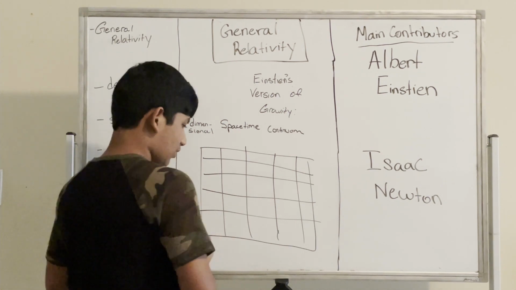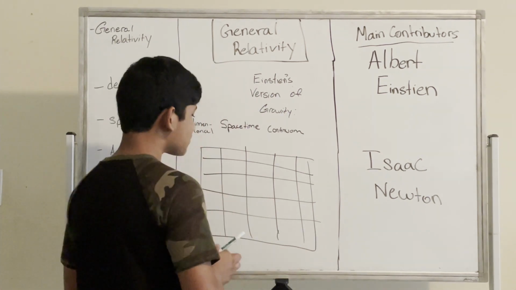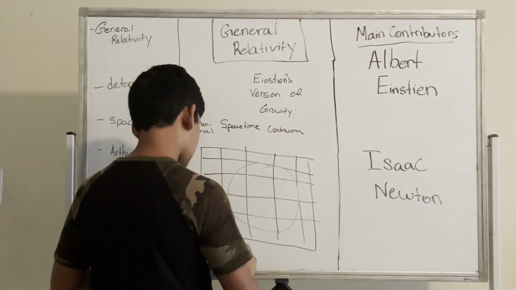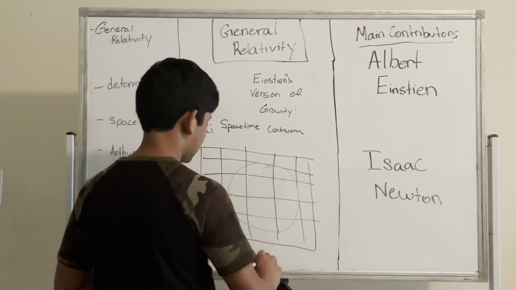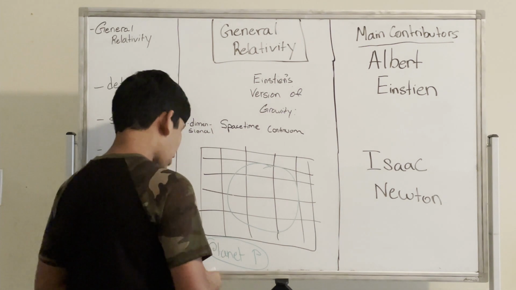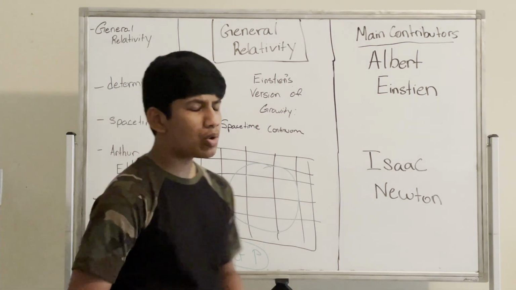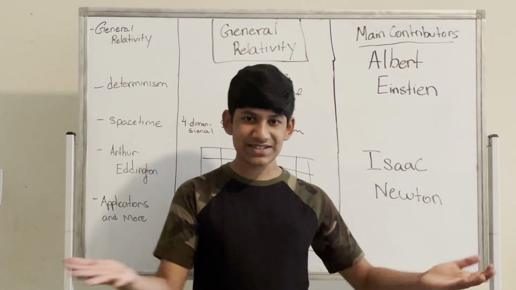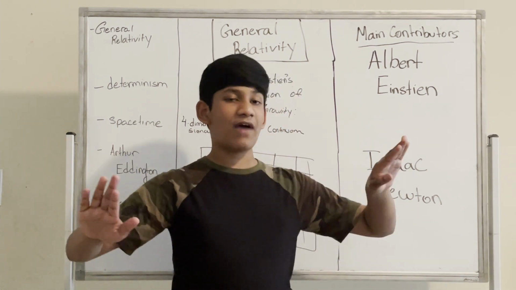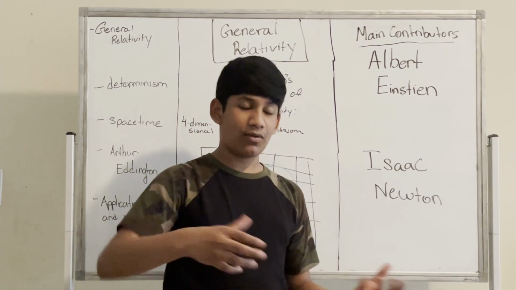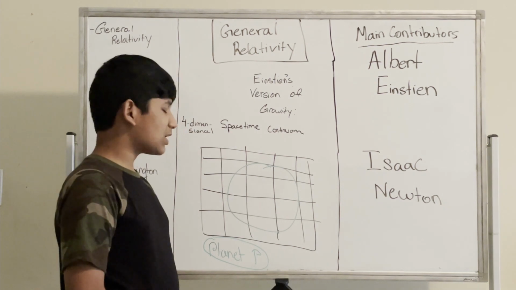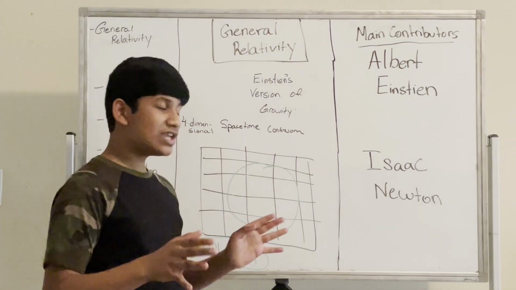To describe it, let's say we use green, for example, and we'll call this planet P. If we put planet P on a space-time fabric, and we hold the fabric on the sides, and then we put an object, of course, the space-time fabric curves. We have a bend in it.